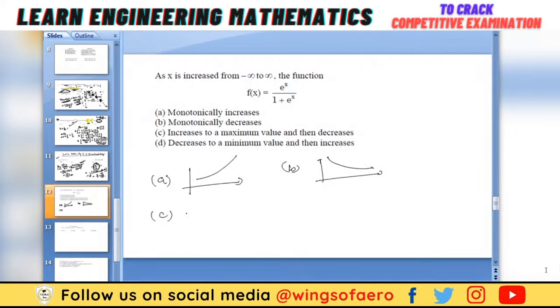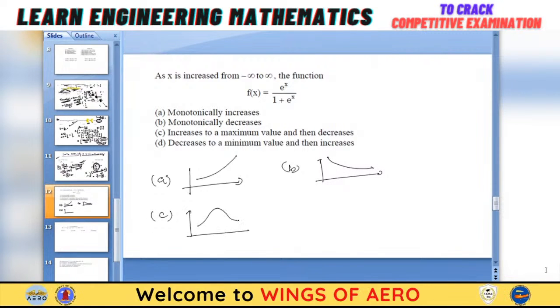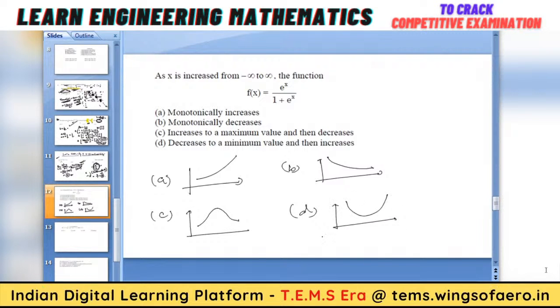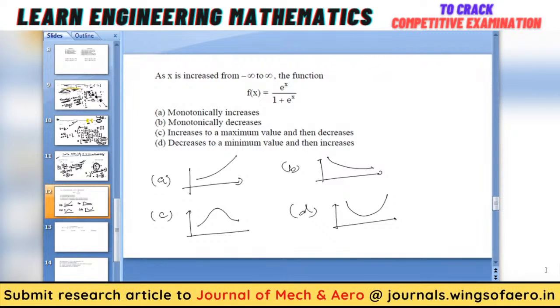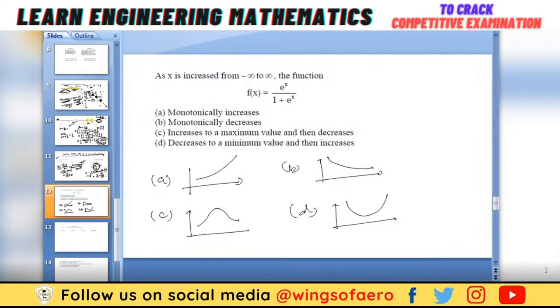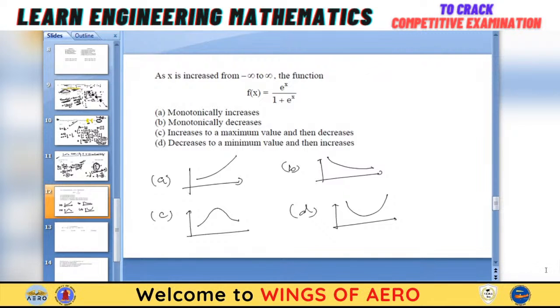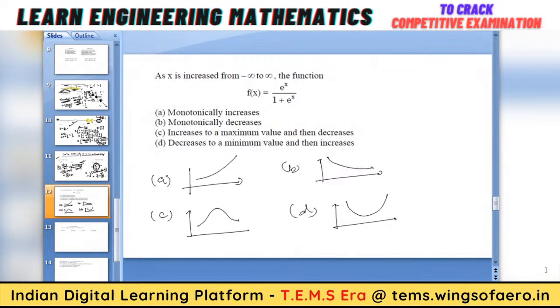Option C is the curve like this. Option D is the curve like this. Okay.